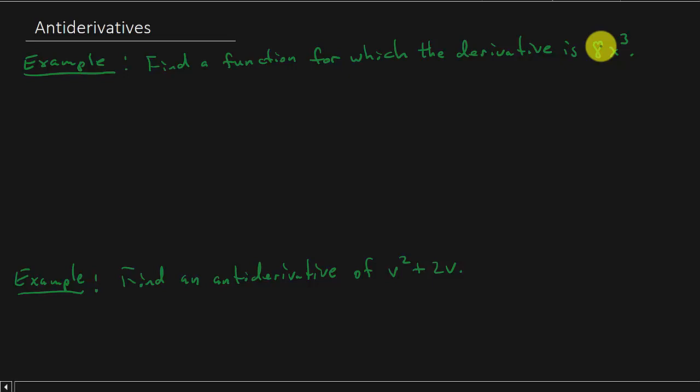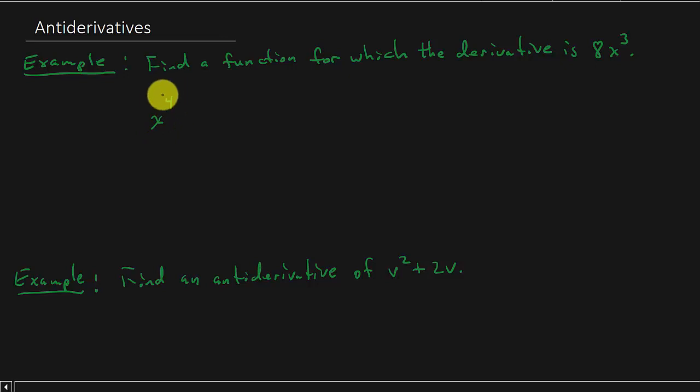Well, whatever function that is, that's going to be x to the fourth, right? Because the 4 would come down, and you would subtract 1 from the exponent, which would leave the 3. So we know it's x to the fourth, all right?